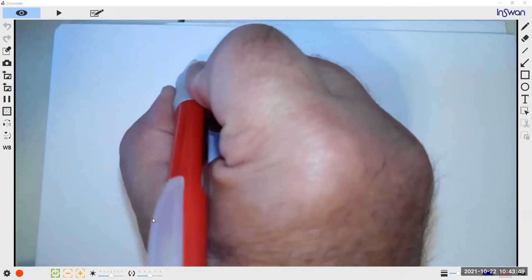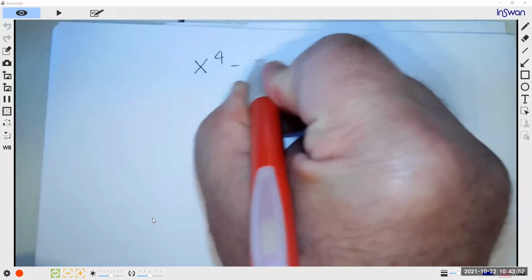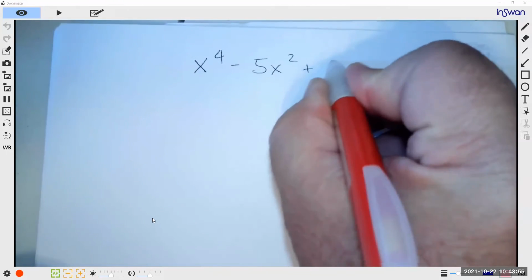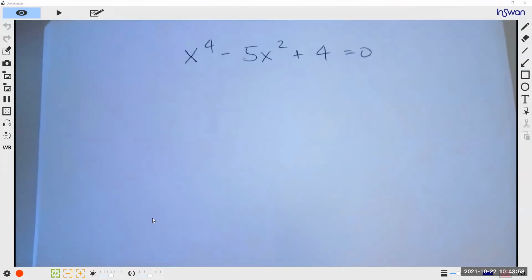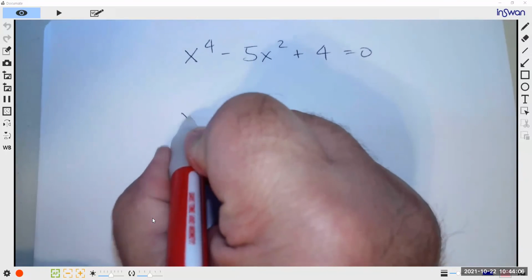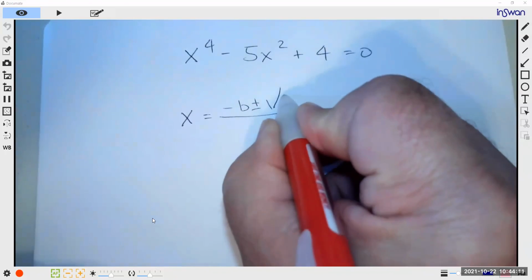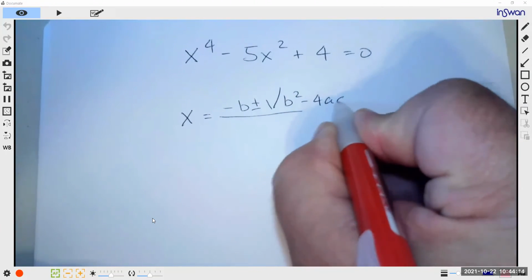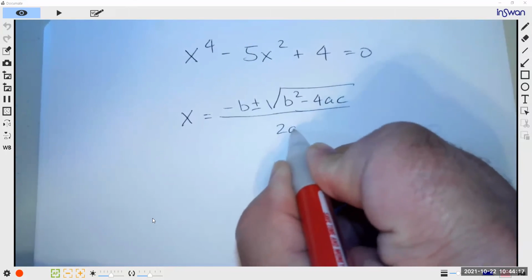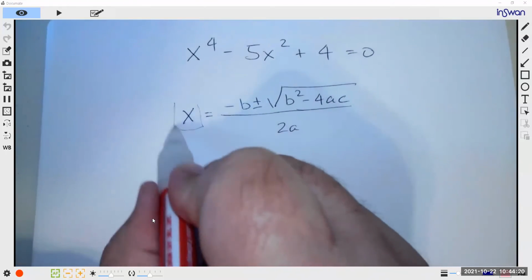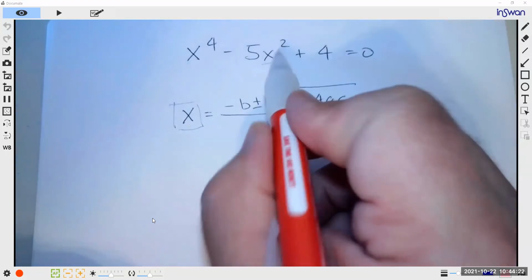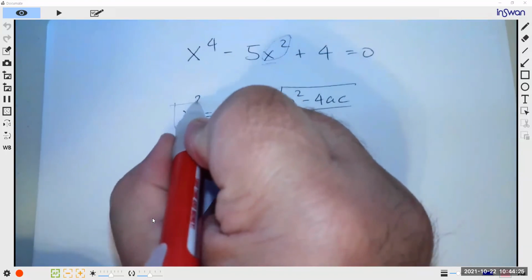You can also solve this using the quadratic formula. But remember earlier I said, when you do the quadratic formula, what you're solving for is the middle term. The middle term now is x squared.